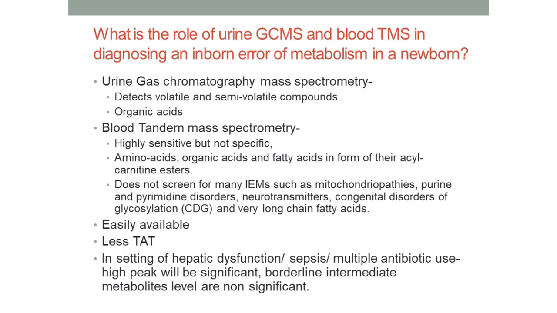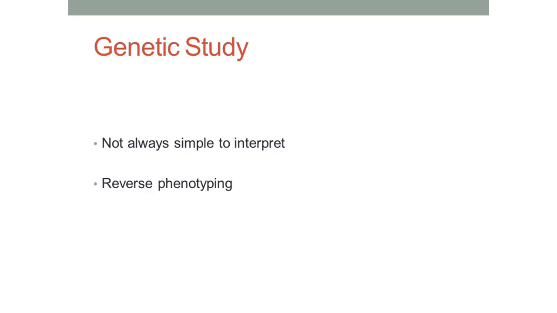Now when we have done these tests, these reports may not be conclusive. We have already sent the genetic test, and if we are able to figure out which IEM we are dealing with based on clinical examination, history, and biochemical plus radiological investigations, we wait for genetics.